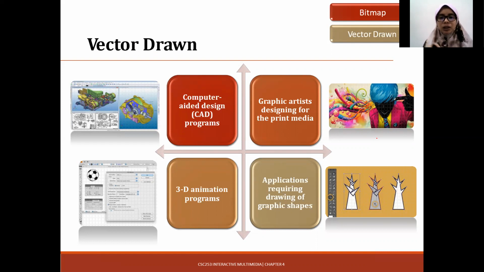Okay, and application that require drawing of graphic shapes. So if you have shapes, usually for 3D, they use this. Banyak guna lah. Okay, graphic shapes. Even kalau kita kata dalam Photoshop tu sendiri pun ada kan graphic shapes. So in that case, dia akan gunakan vector drawn.